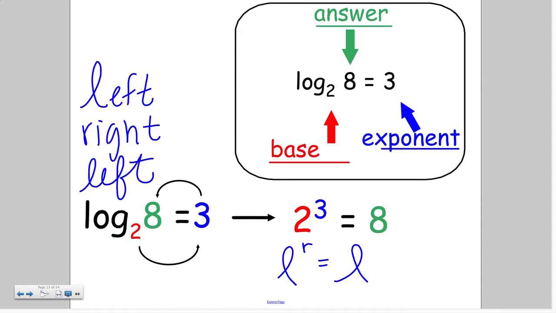So in this case, the 2 is the left. Then the 3 is the right, and the 8 is that left. So 2 to the 3rd equals 8. Left, right, left. And remember, the left, right, left comes from where the equal sign is.